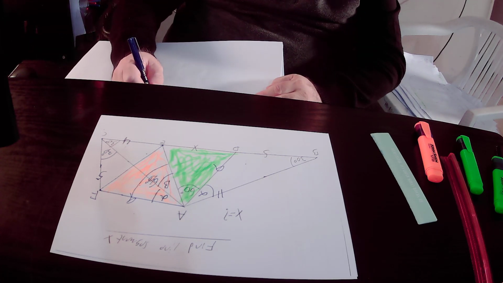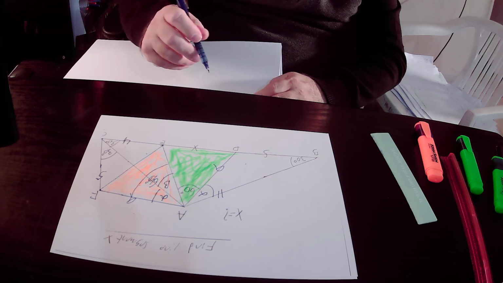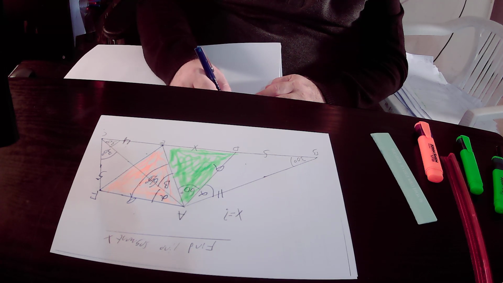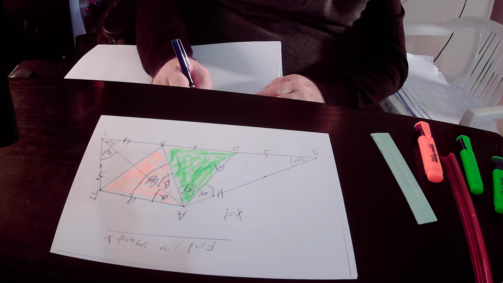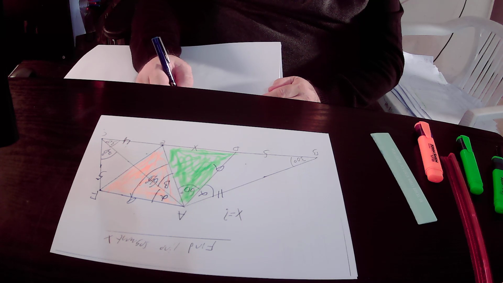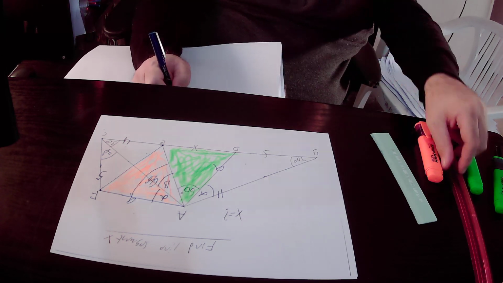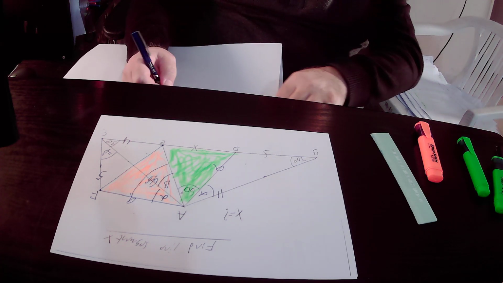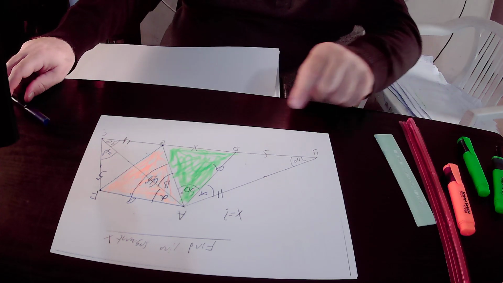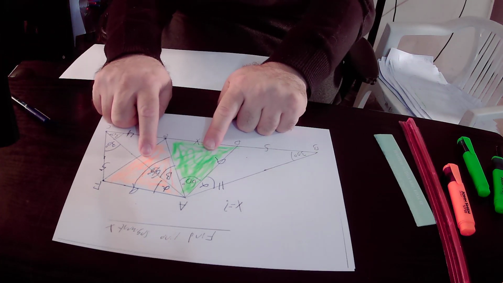So we actually prove that the green triangle ADE is congruent to the orange triangle AEF. So why are those two triangles congruent to each other?